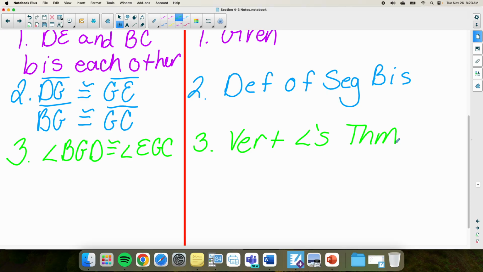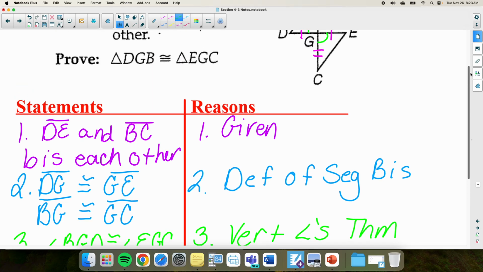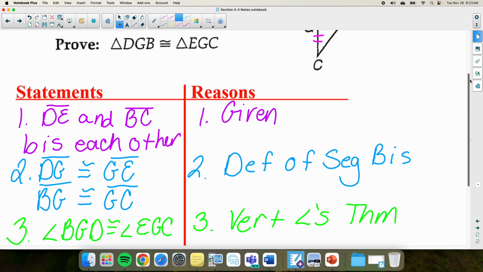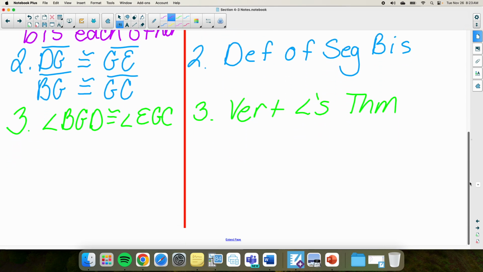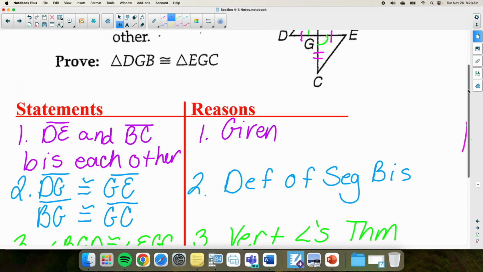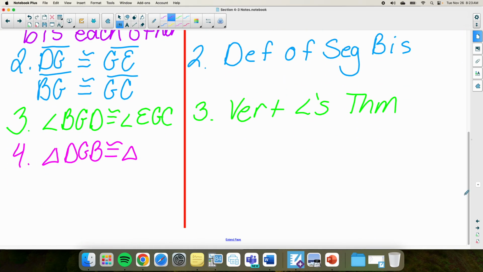Okay, then we can copy down our proof statement. So we can say triangle DGB is congruent to triangle EGC.